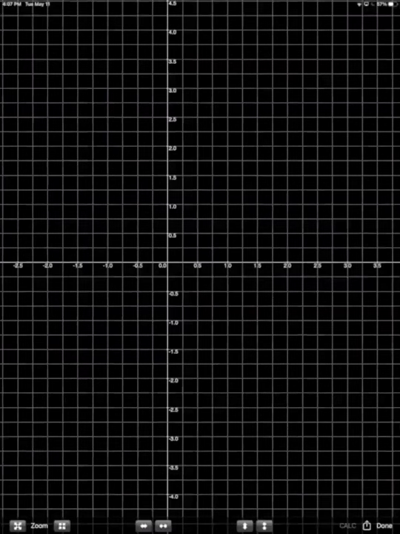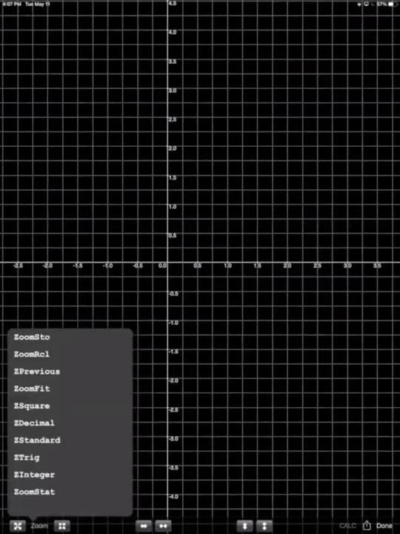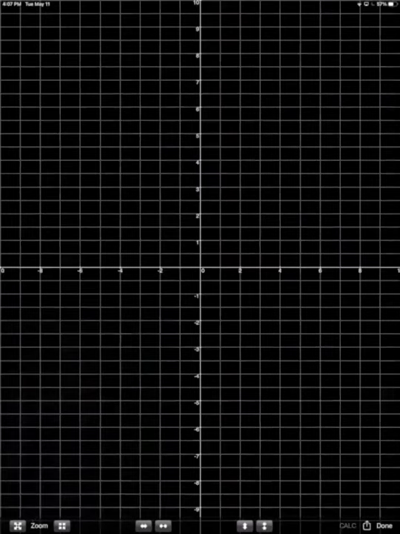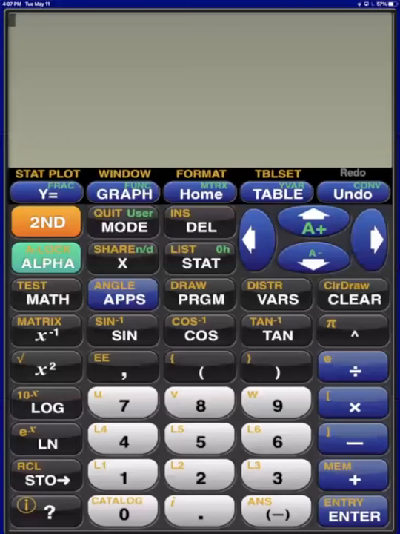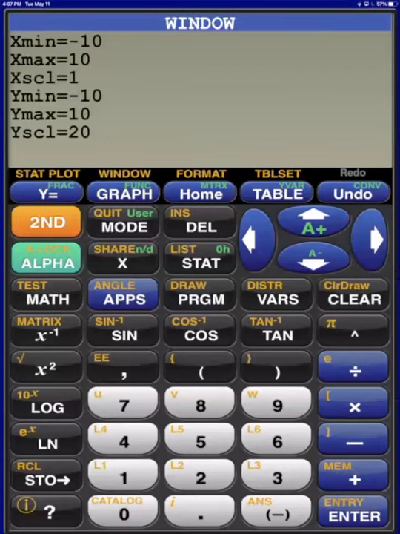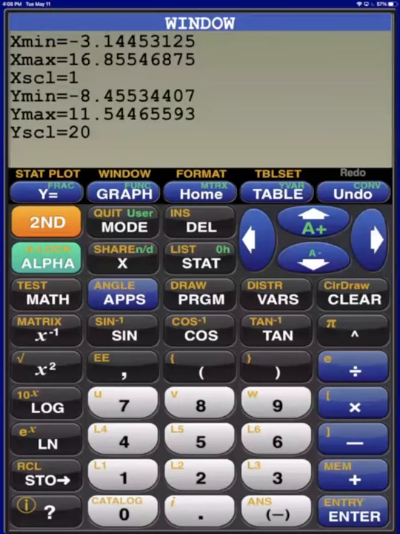Okay, I don't see anything here. And let's just do zoom standard. And I see nothing. Okay, so let's go back to where we were, and we'll go second window. And we're going to change the window. All right, so let's do the X min.